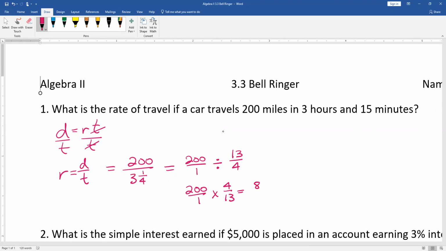It's not, but I have 800 divided by 13, and 13 goes into 800 approximately 61.538 miles per hour. So I'm just going to simplify that to 61.5 miles per hour. So they were going approximately 61.5 miles per hour if they went 200 miles in 3 hours and 15 minutes.